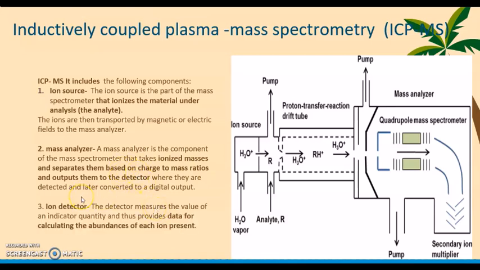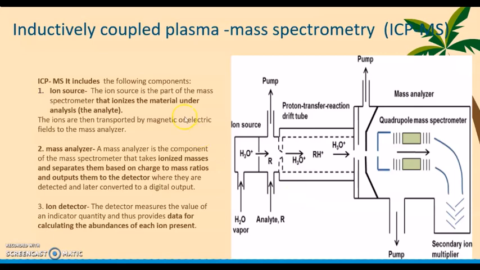So the ion detector, this measures the value of the indicator quantity and thus provides data for calculating how much ion is present. Ayan, so yung ion detector po natin, ayan dito po. So dinedetermine niya kung gaano kadaming mga ions ang present.